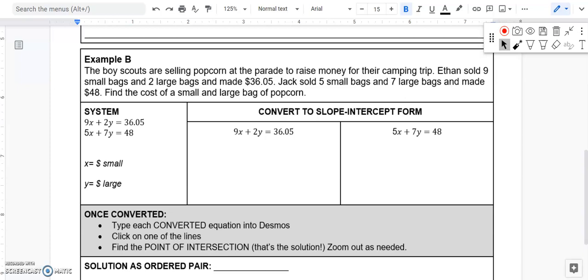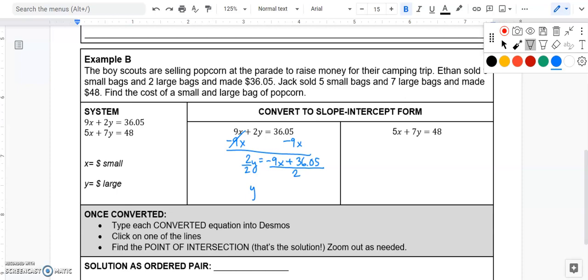All right, first thing we're going to do, neither one of the equations is y equals, so we have to convert it. So my first equation, zero out x and then divide by the coefficient of y. We divide everything by that coefficient.